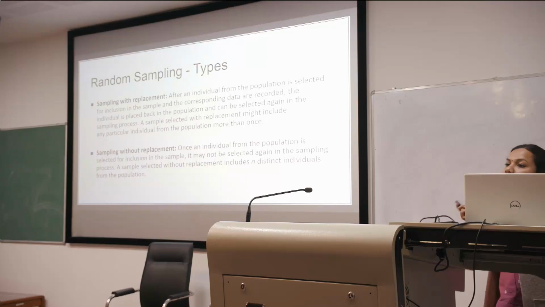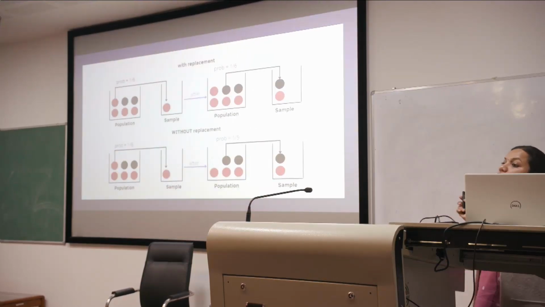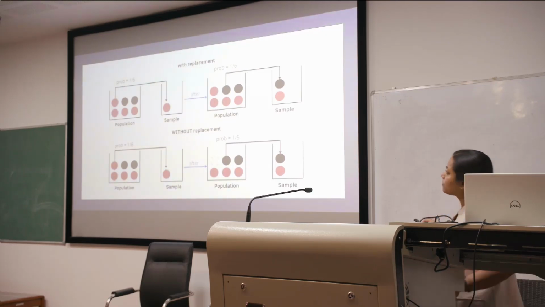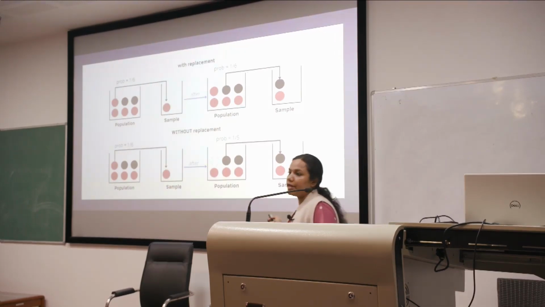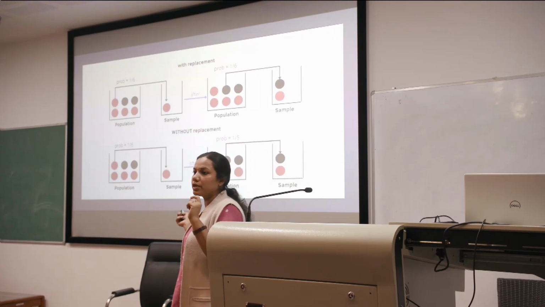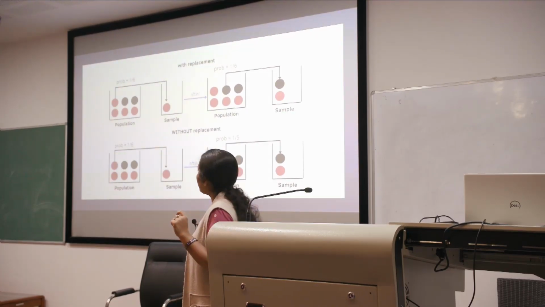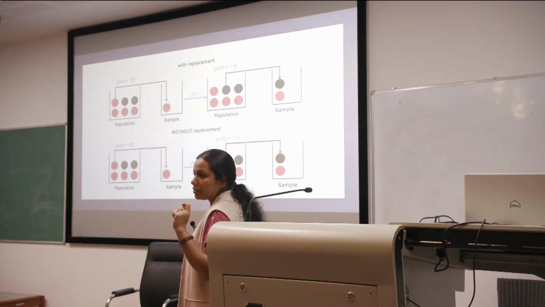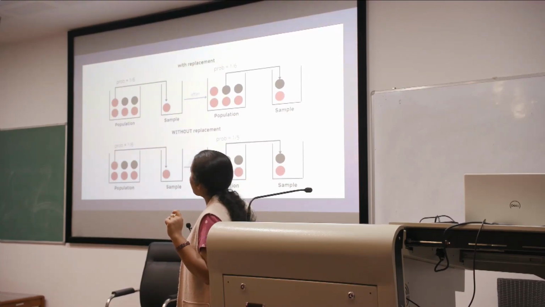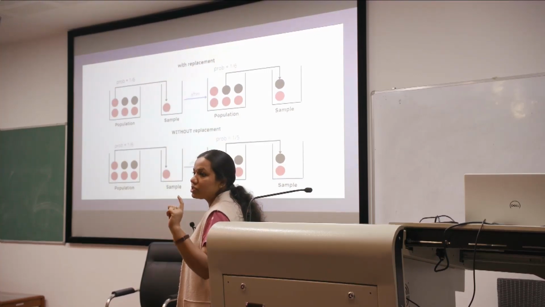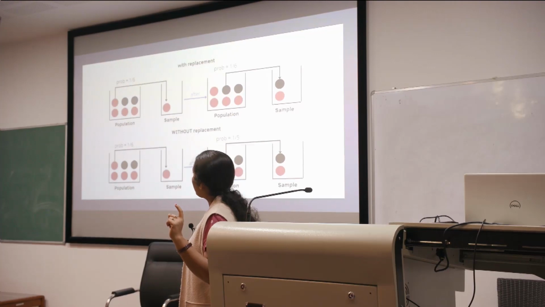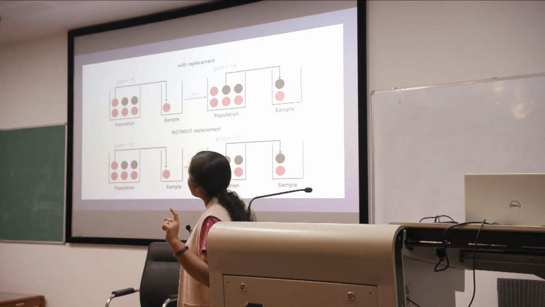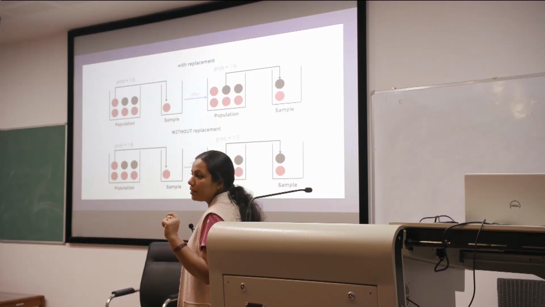See, in random sampling we have one more distinction: with replacement and without replacement. Random sampling is related to probability. Here you just consider this box. The first ball we want to select: what is the probability? Out of 6, there is a chance of 1 by 6, right. So the probability of the first red ball will be 1 by 6, and they take it for the sample.